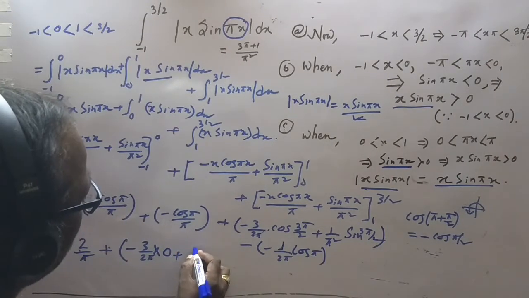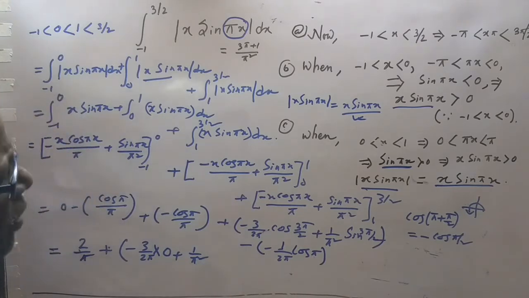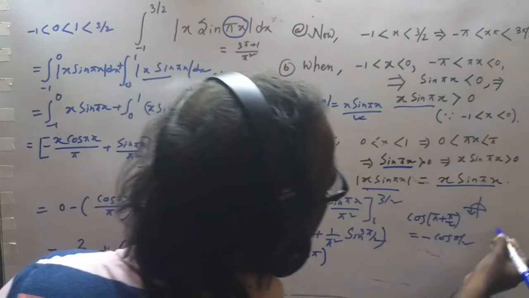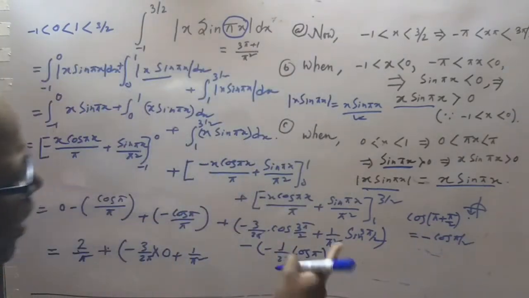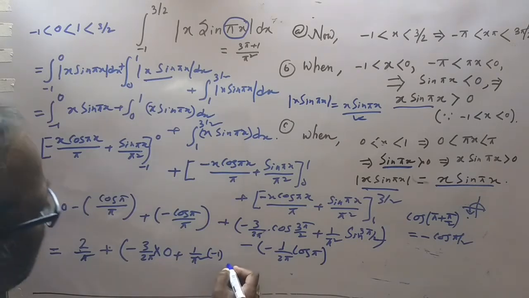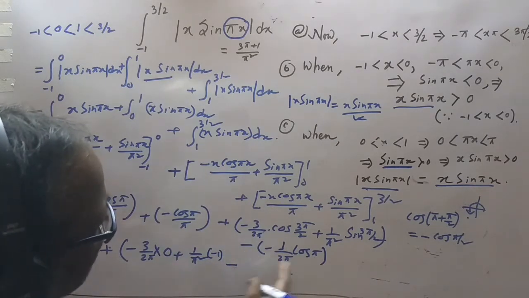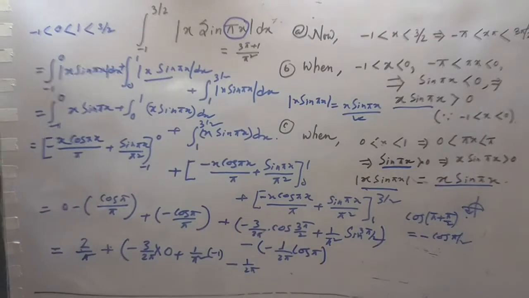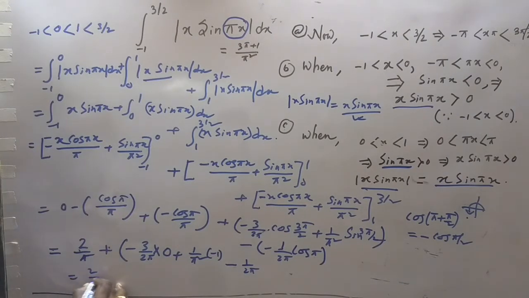Again plus 1/π², and this is sin of π plus π/2, so minus sin(π/2), and this is minus 1 here. Again minus minus plus, and again this is minus, so 1/2π. So we have 2/π, this is 0, 1/π², and 1/2π.